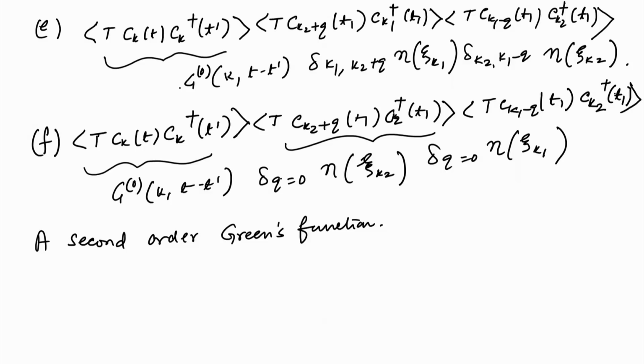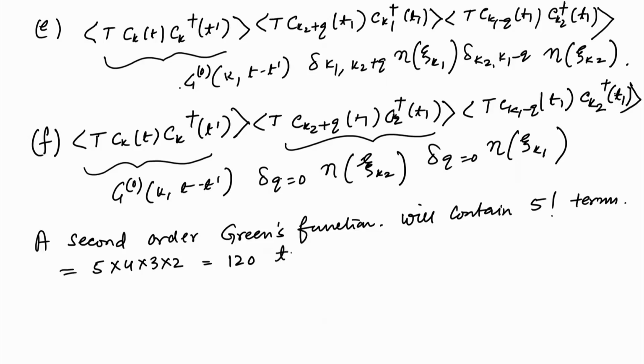So, there are 5 creation and 5 annihilation operators. So, this will contain 5 factorial terms, which is 5 into 4 into 3 into 2, which is 120 terms that will be there in second order itself.